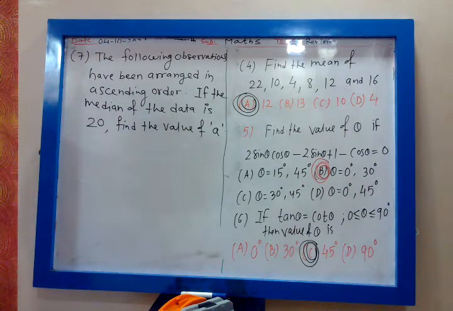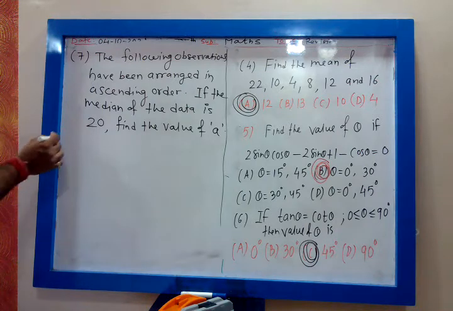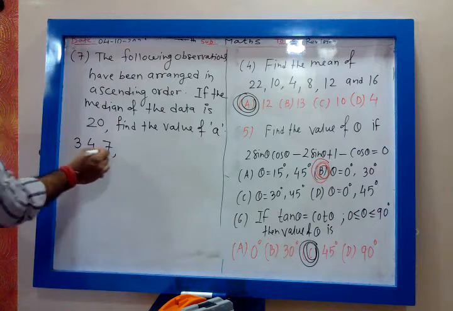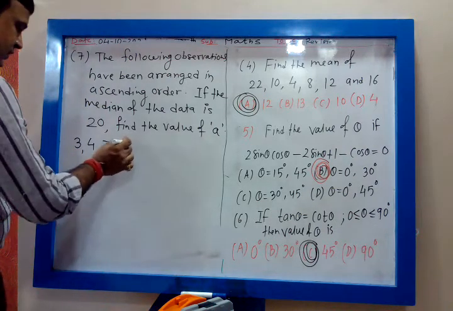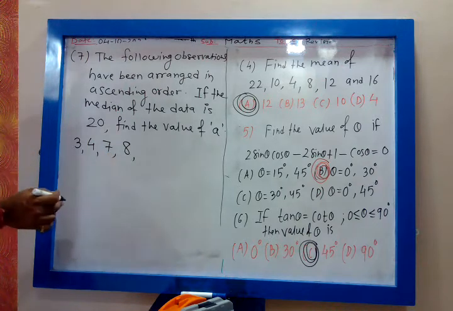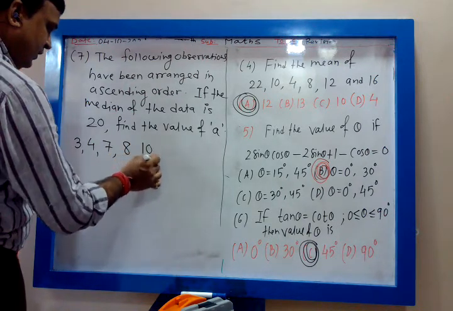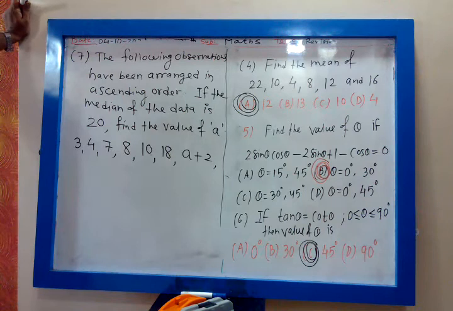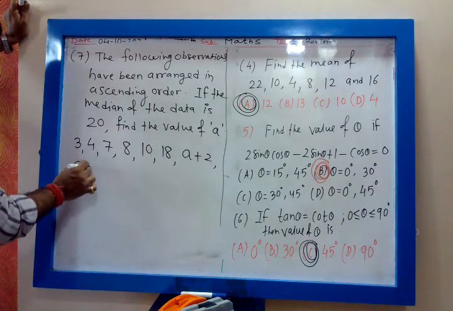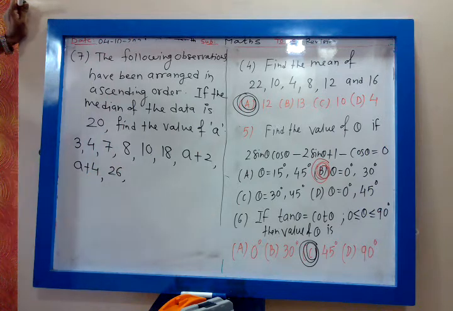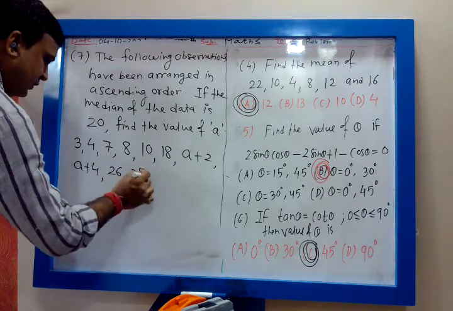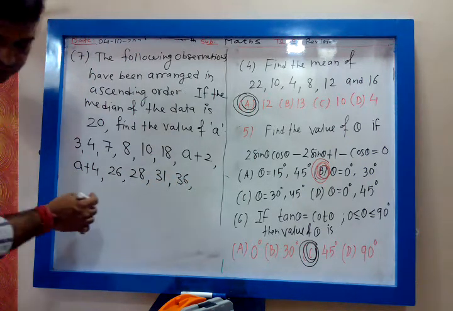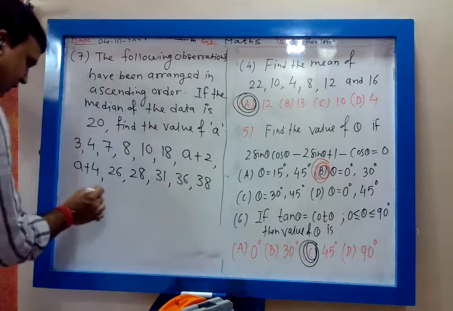The data is given: 3, 4, 7, 8, 10, 18, a plus 2, a plus 4, 26, 28, 31, 36, 38 and 40.